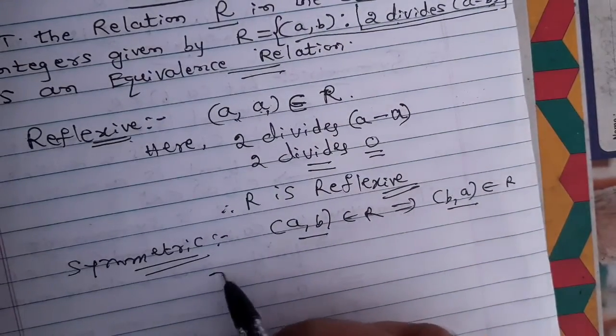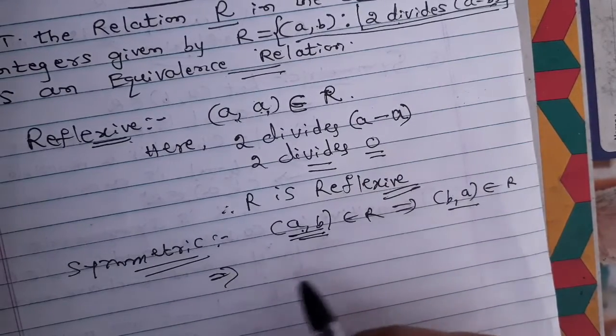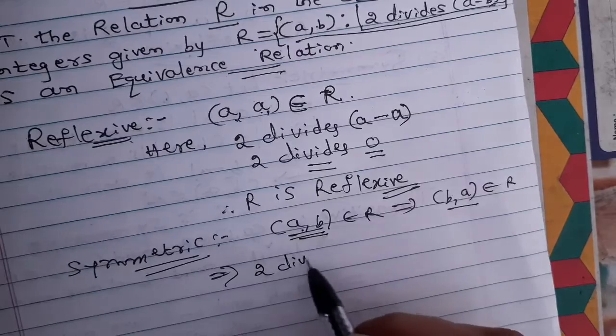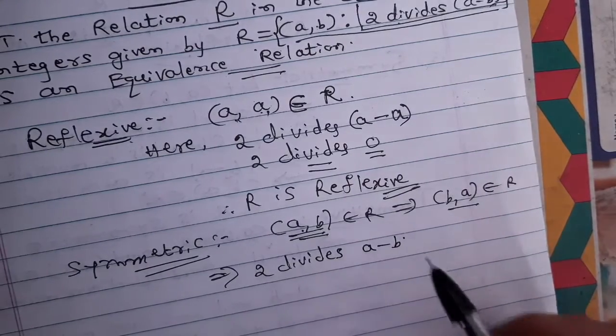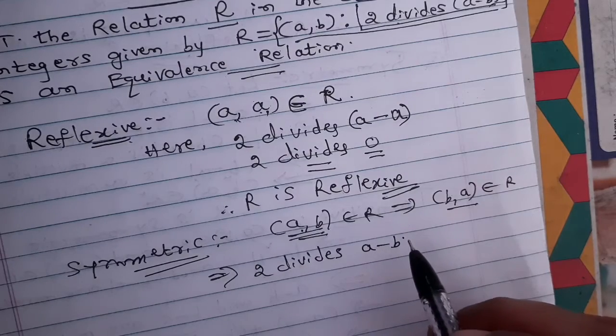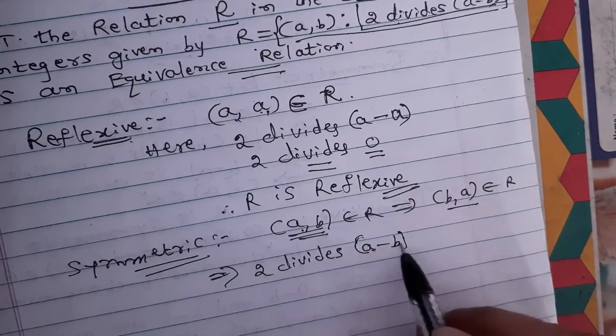According to the given problem, it means 2 divides a minus b. So if 2 divides a minus b, it is a difference of 2 integers.